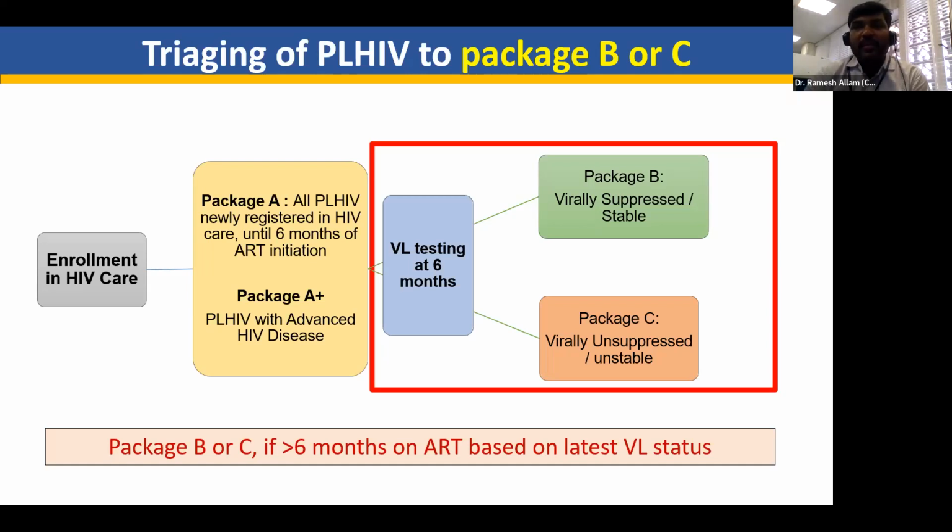Suppose a patient is currently on ART since many years, then they will not go into package A. You will have to assess the viral load and push them either in package B or package C. So package A plus are only for new patients without a viral load. All with viral load should be considered in packages B and C. Please remember that.